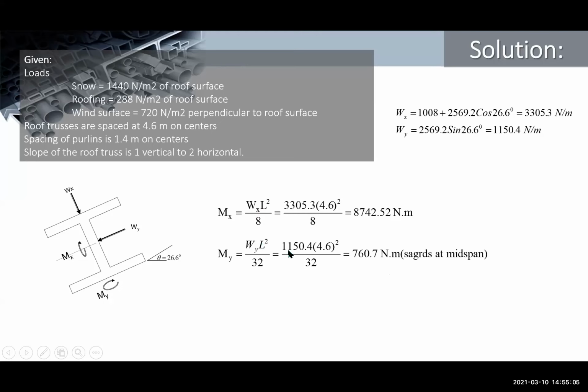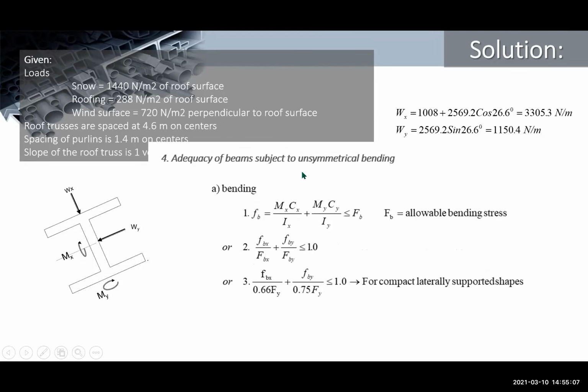And then, para nasa na yung moment, i-check na natin yung adequacy niya sa unsymmetrical bending. Since, again, yung purlin natin is just an example of biaxial bending. So, ang analysis natin for the adequacy of purlin is the same lang dun sa previous example. So, for us to check kung safe ba siya, ito yung gagamitin natin na equation.